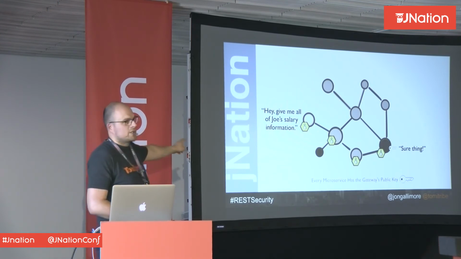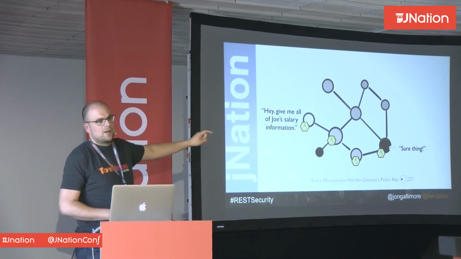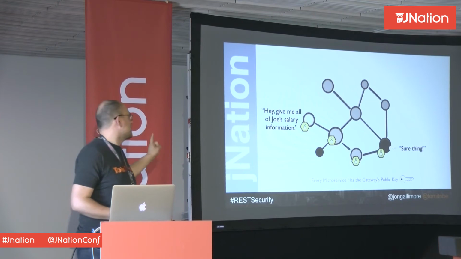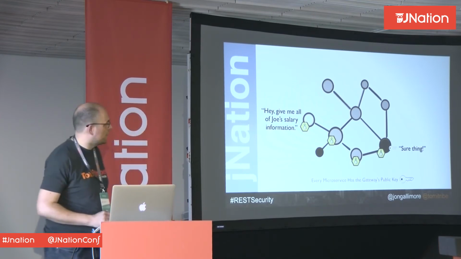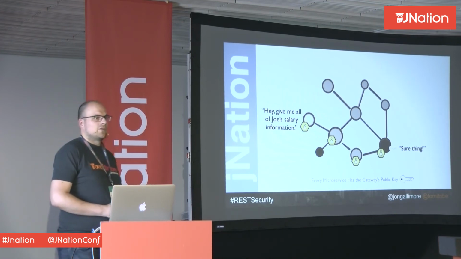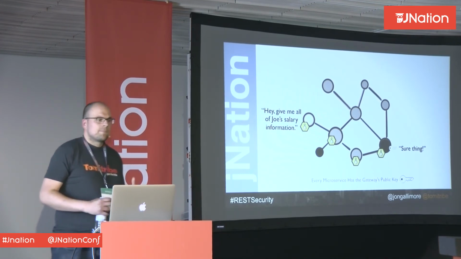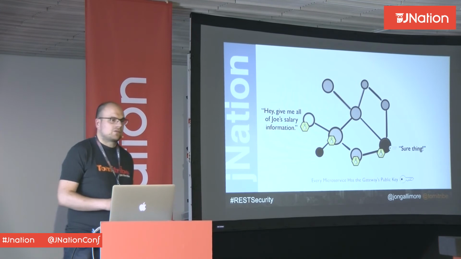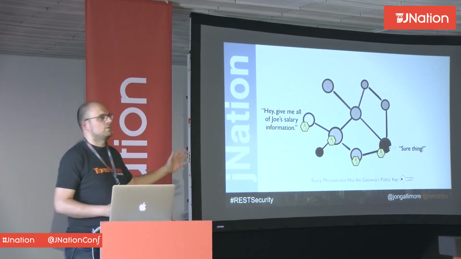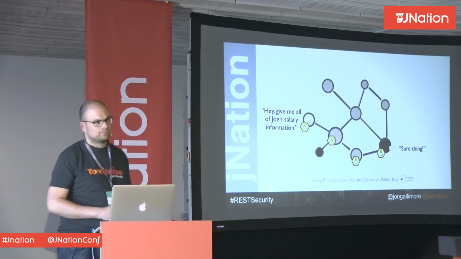So they can check the token and ensure that the data being asked for actually originated with the person who's asking for it. So, can you give me all of Joe's information? Well, if it's Joe's token that was passed through, then yes, absolutely. This prevents the scenario where we might be scraping large amounts of data by making direct calls to the microservices on the back end.